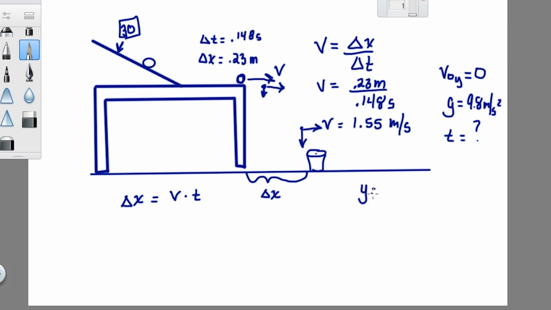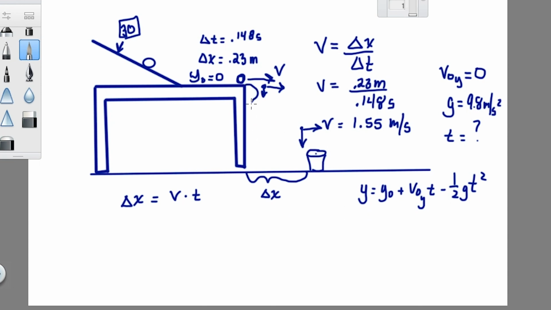But we have this equation, y equals y sub o plus v sub o y t minus 1/2 g t squared. We could say that our y sub o right here is 0. So we're starting at 0 meters, and we are going to be falling a certain distance to our cup.